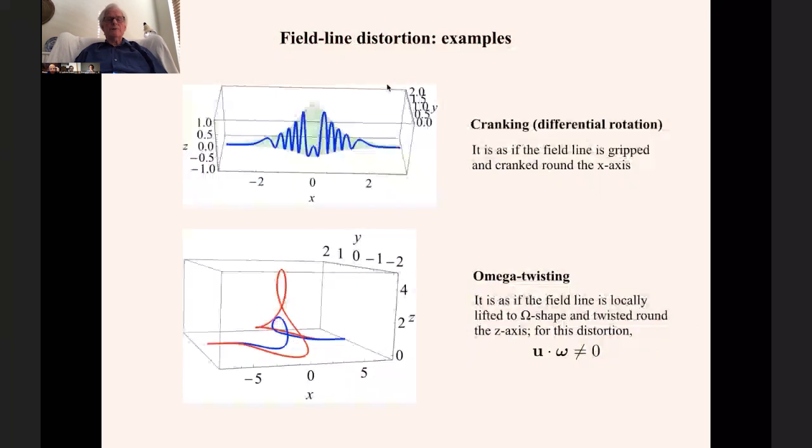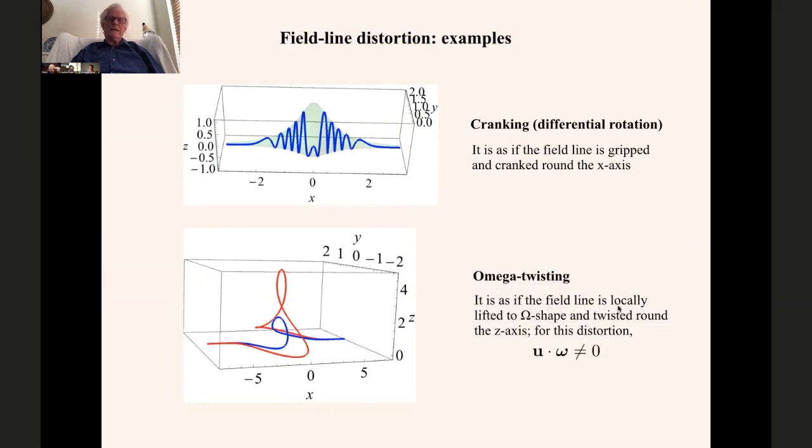Here are two examples of field line distortion. The first is a cranking distortion, or in fact, it's a form of differential rotation. If you think of a magnetic field line in blue along the x-axis, and you grip it at the center and wind it round the x-axis, then this is the resulting deformation. So it's as if the field line is gripped and cranked round the axis. The second deformation I describe as omega twisting.